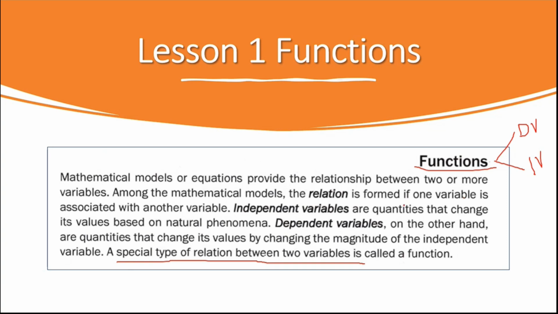So what are the independent variables? The independent variables are quantities that change their values based on natural phenomena. Dependent variables, on the other hand, are quantities that change their values by changing the magnitude of the independent variables. We're going to get through this in our example on our next slide.